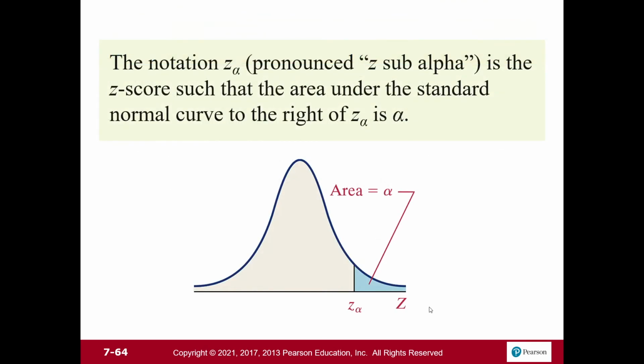So these are just all examples of what's happening. And now there's this little notation that says that z sub alpha is the z-score such that the area under the standard normal curve to the right of z alpha is alpha.